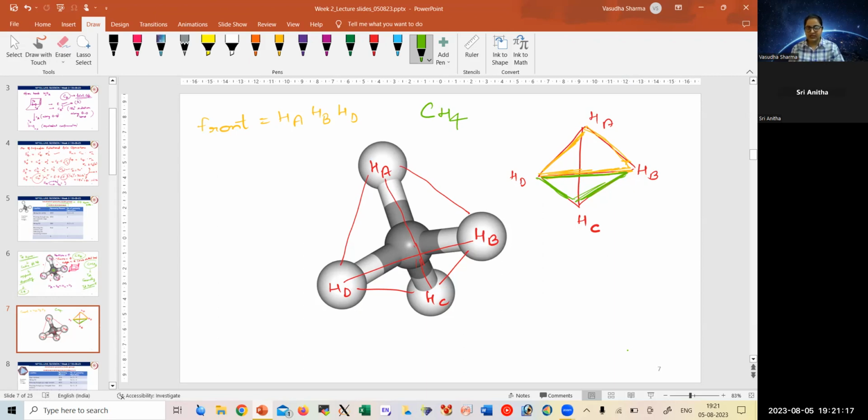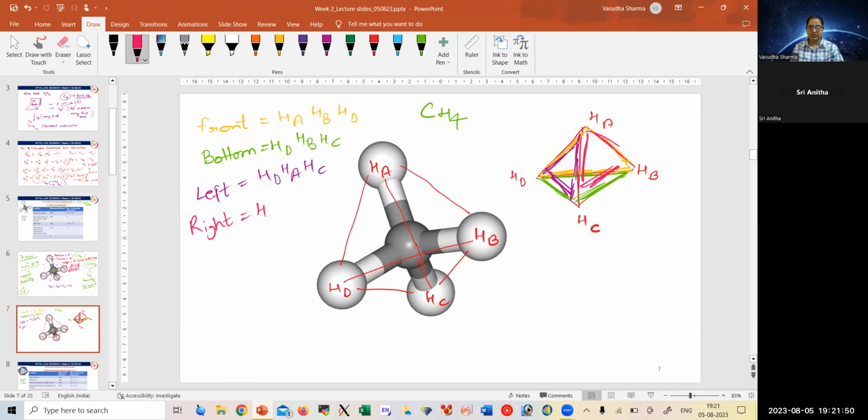4 faces are there, but how do we analyze what faces these are? The front face, which I have marked with orange, comprises Ha, Hb, and Hd. The bottom face, marked with green color, is Hd, Hb, and Hc. The left side is also one face, marked with purple color: Hd, Ha, and Hc. And here I will use a pink marker for the right one, which is Ha, Hb, and Hc.